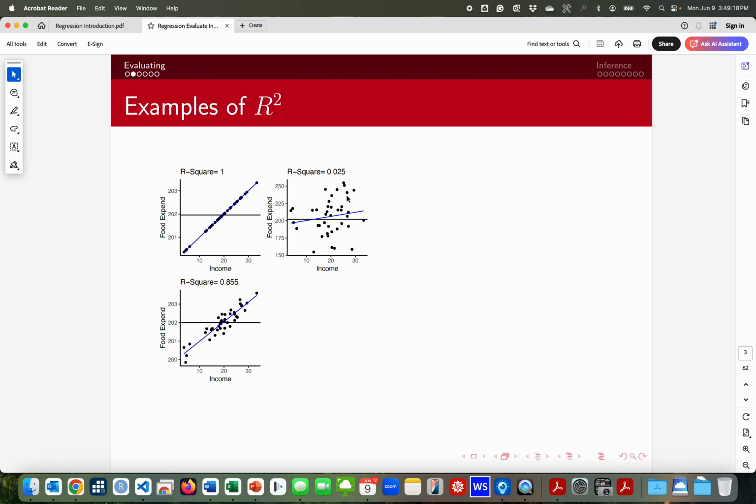So in the low example, the independent variables explained 2.5% of the variation in food expenditure. In this example, income explains 86% of the variation in food expenditure. In this top left example, income explains 100% of food expenditure. So the closer the points are to the line that you estimated, the higher your R-square is going to be.